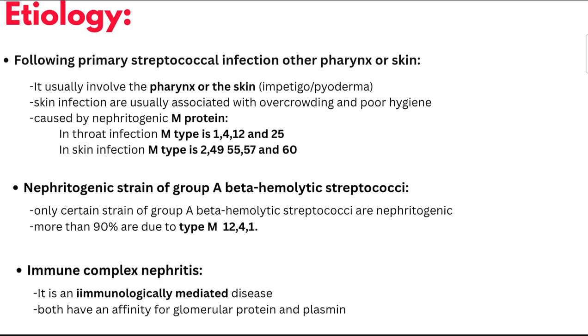Notably, over 90% of cases are due to M types 1, 4, and 12. This condition involves immune complex nephritis, where immune complexes target glomerular proteins leading to kidney complications. Understanding this etiology is essential for exploring the pathogenesis of kidney damage.